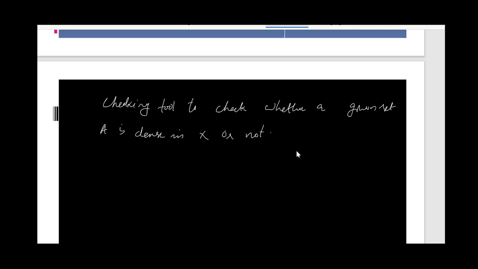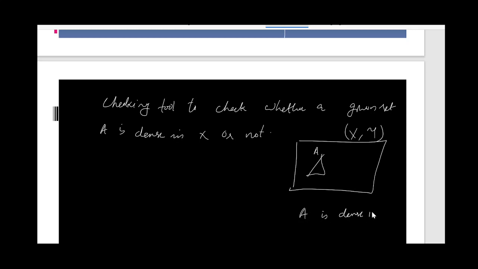Okay, so whenever a topology is given, and it has got a subset, suppose this is going to be a subset A. We want to check whether A is dense in X or not.